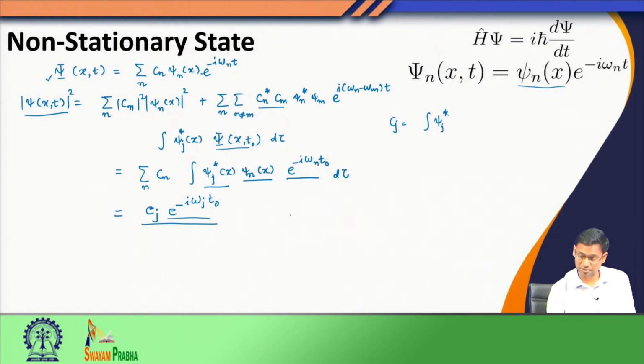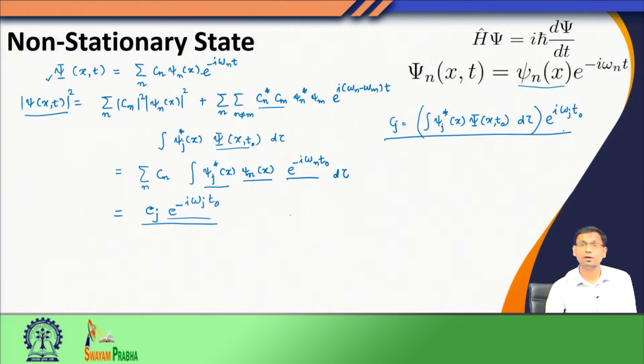the integral of psi j star multiplied by psi at t equals t 0, multiplied by e to the power i omega j t 0. So, this is the formula to obtain my coefficients. How do I get this?